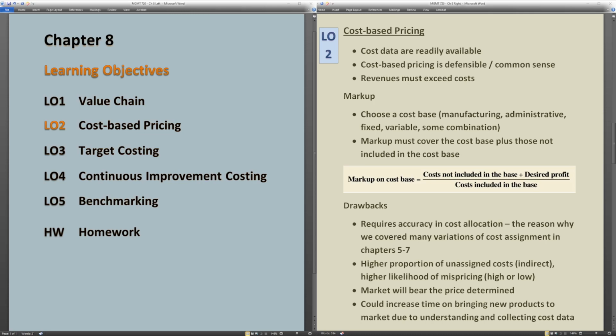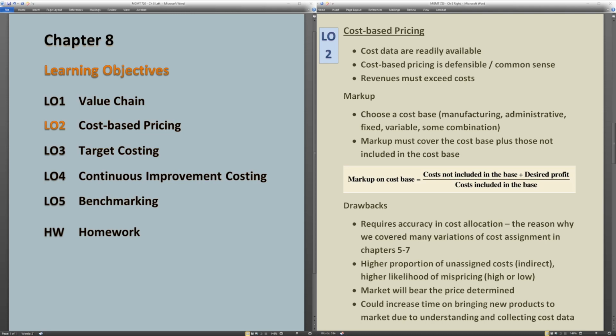So when we mark something up, we have to choose a cost base. And this is a different way of looking at it than I've looked at it before. I think what they're trying to get at here is you have a number of different types of collections of costs. You have manufacturing, administrative, fixed, and variable.